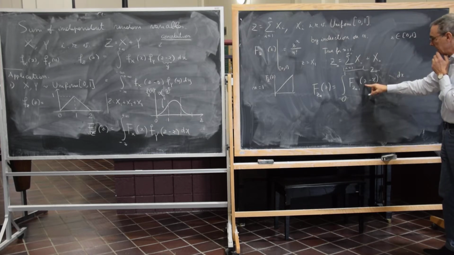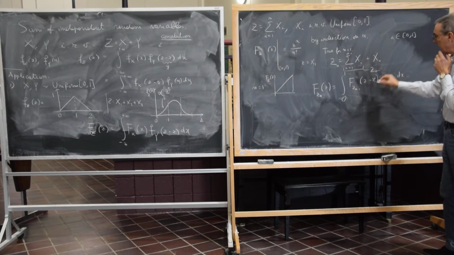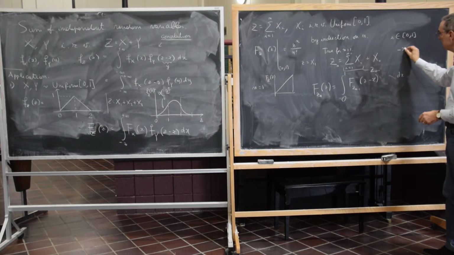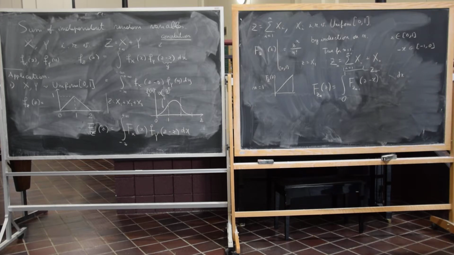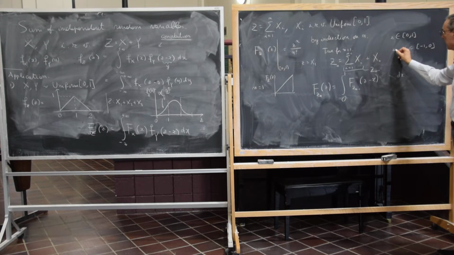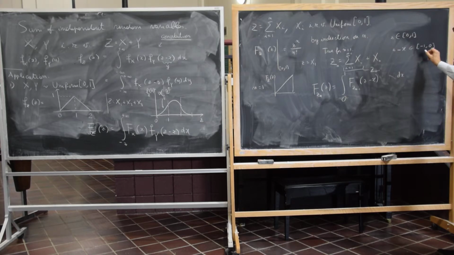So minus x belongs to minus 1, 0, and z minus x belongs to z minus 1, z. Is that right? Right? Do you agree? Yes.